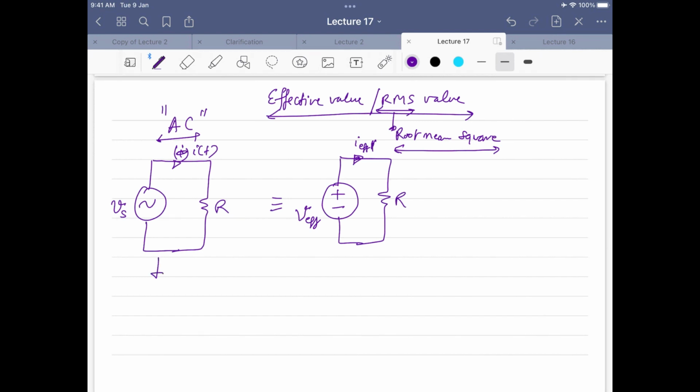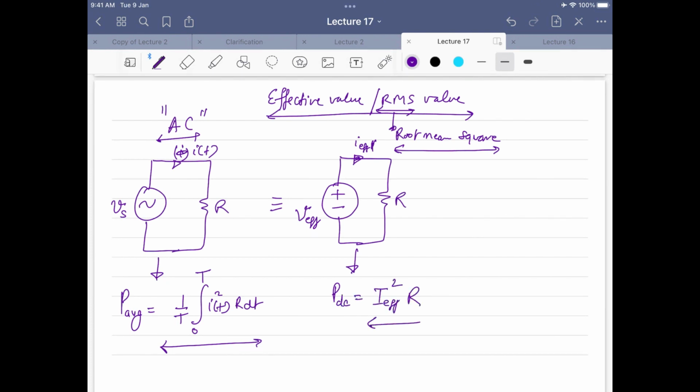The power generated in the resistor is the integral of I squared(t) R dt, and the effective power is I effective squared R. We want to compare these two powers and see what effective DC current we can have in the corresponding DC circuit.